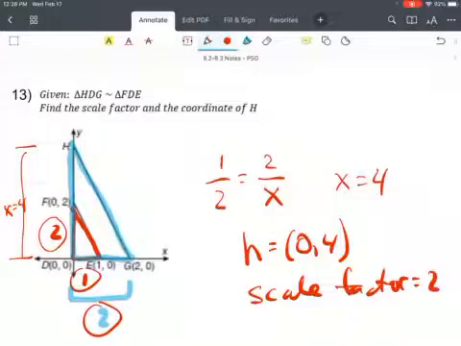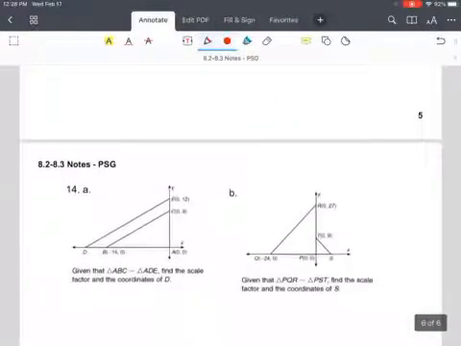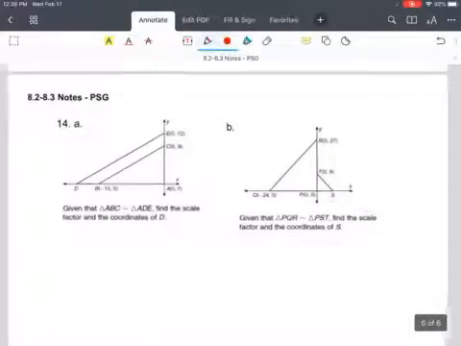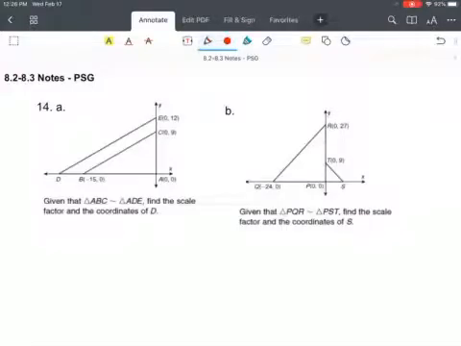I am doubling the size of the triangle. Go ahead and pause the video and solve for 14 as well.